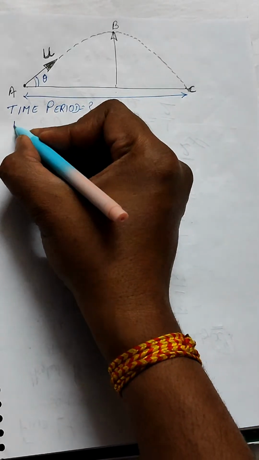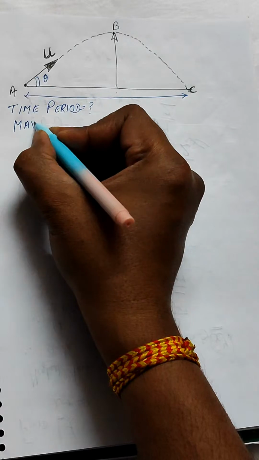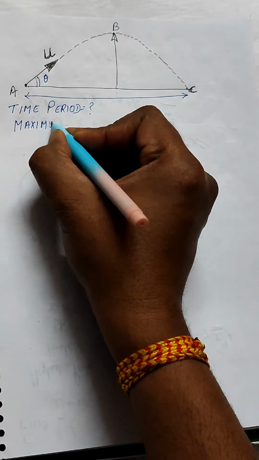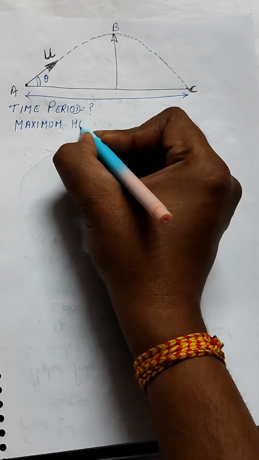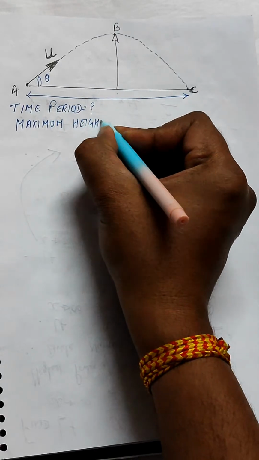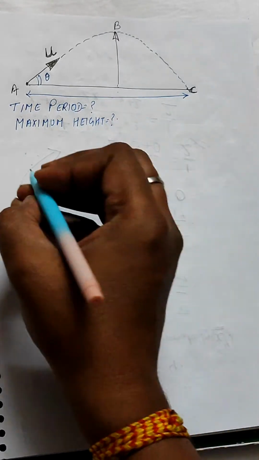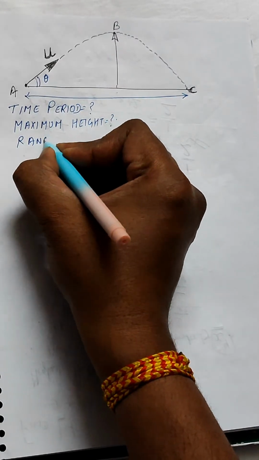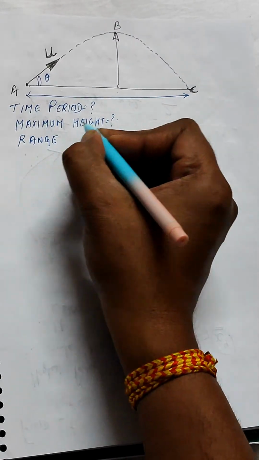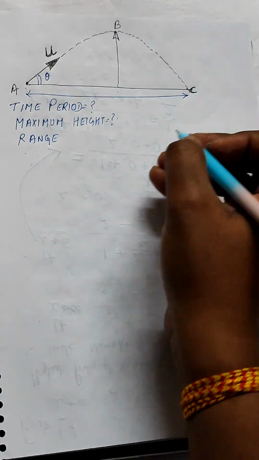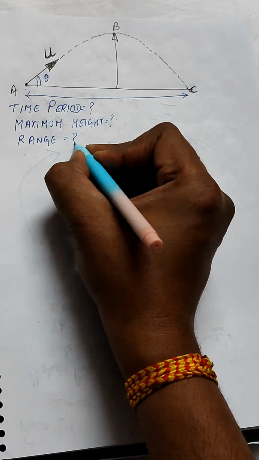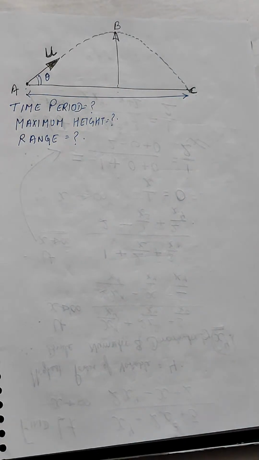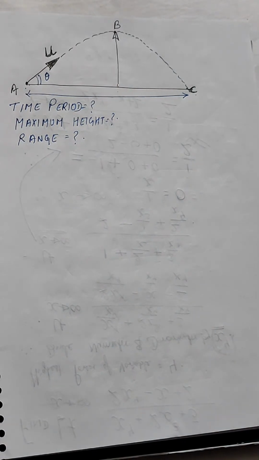What is the maximum height which is attained by the projectile? And what is the range? As I said, range means maximum horizontal displacement from A to C. What is the value of range? This we are going to derive now, right?